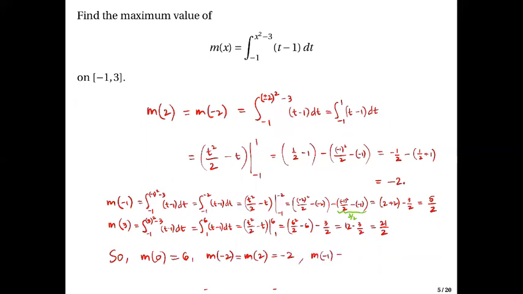M of negative 1, we got 5 halves. And then m of 3, this is 21 over 2. And 21 over 2 is the highest. Therefore, the maximum value is 21 over 2.